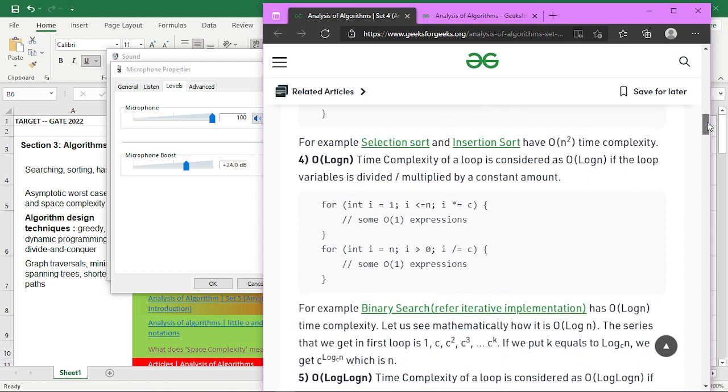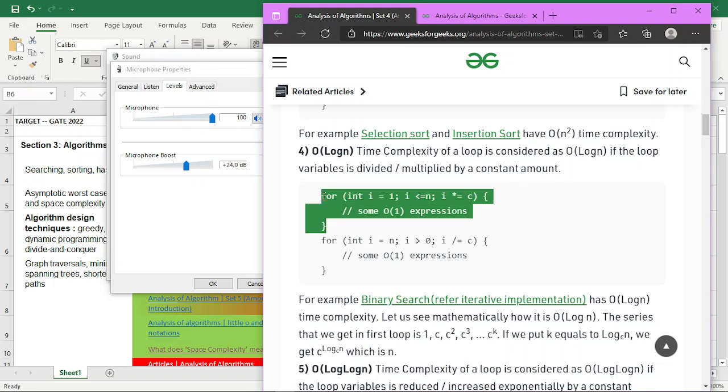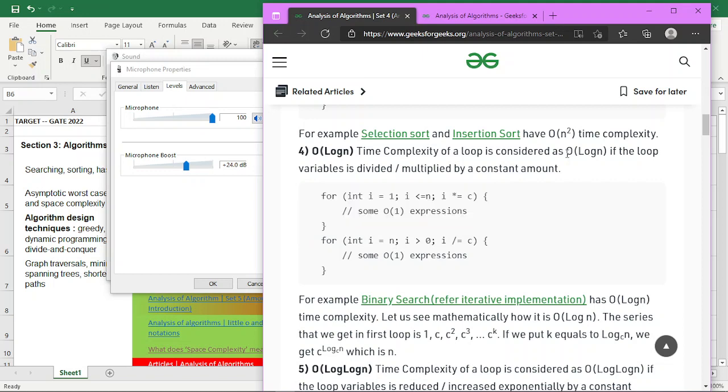Now coming to order of log n. For this, if we multiply by some multiplication constant, then our algorithm's complexity will be big O of log n. So if I sometimes say order of log n or big O of log n, don't get confused, because both are the same. Sometimes people call it order of log n or big O of log n.